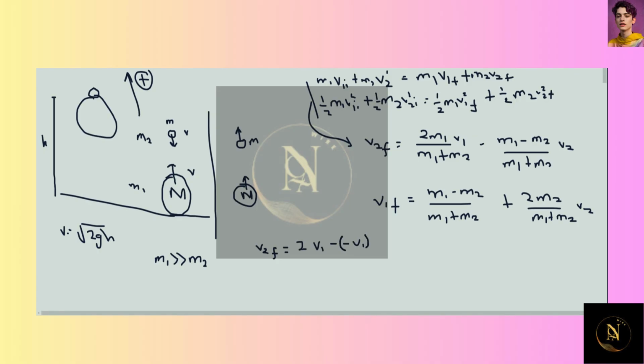So you notice that this becomes 3v1. And v1, again, is just the square root of 2gh.